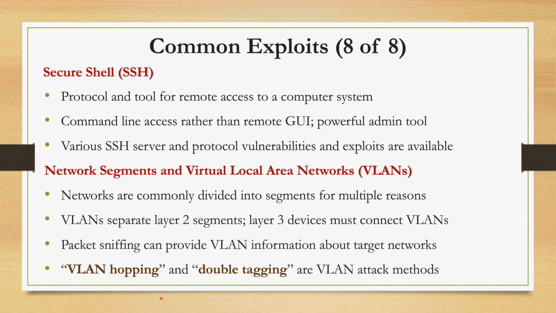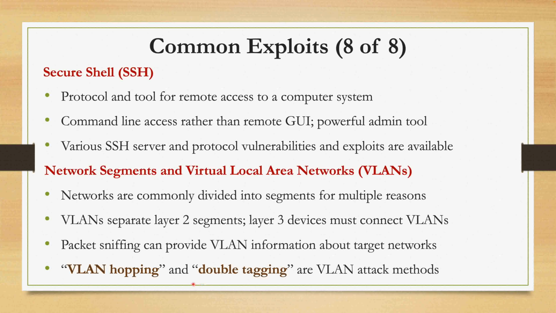One of those common attacks, you're looking at the screen here, is VLAN hopping, exploiting switch misconfigurations to move between VLANs. The other one is double tagging, inserting two VLAN tags in packets to bypass the VLAN boundaries and redirect traffic to an unauthorized destination.